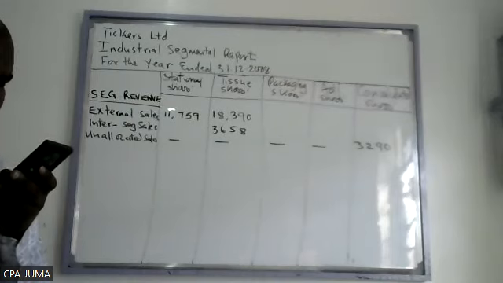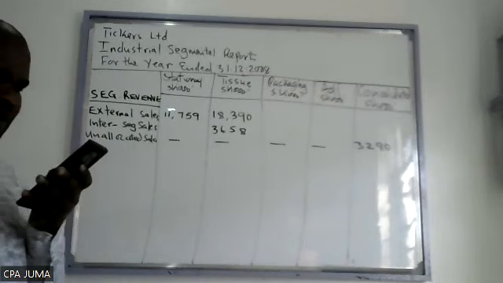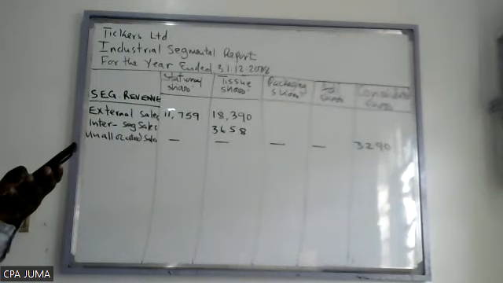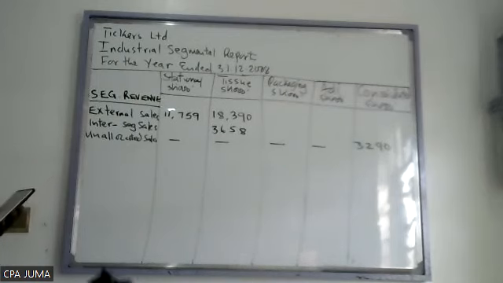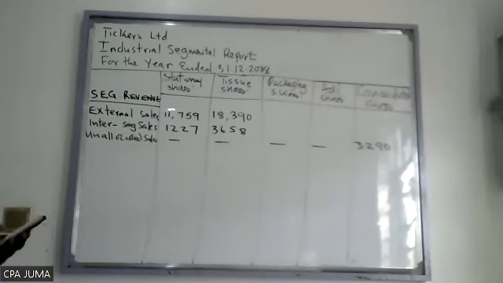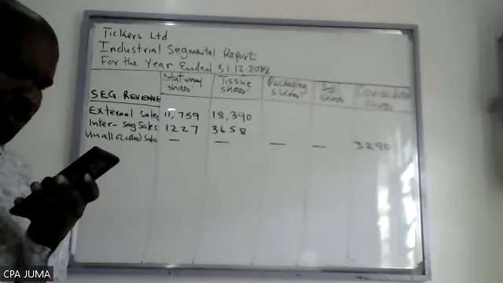Assets, no. Sales by the stationery division to other group members, 1227. Stationery, yes, 1227 here. Correct. We are moving on.